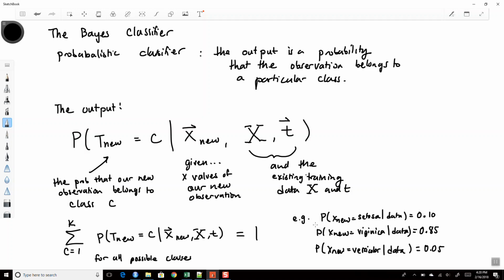Okay, so to get this, we're going to use Bayes' rule. This is why we call it the Bayes classifier. So we use Bayes' rule, our very favorite.